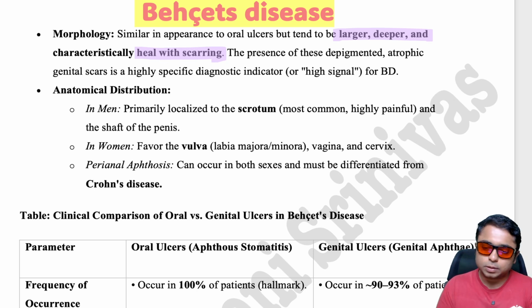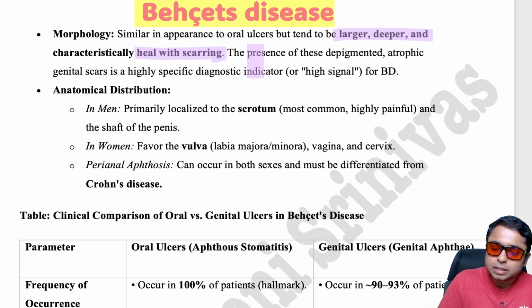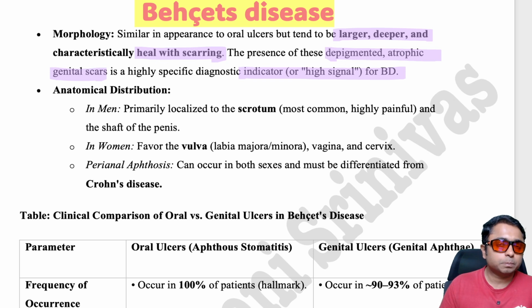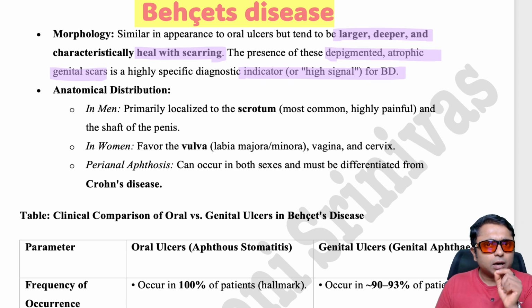That is one important difference. And the presence of these depigmented atrophic genital scars is a highly specific diagnostic indicator for Behçet's disease. So this is a very good pointer that the patient may have Behçet's disease.